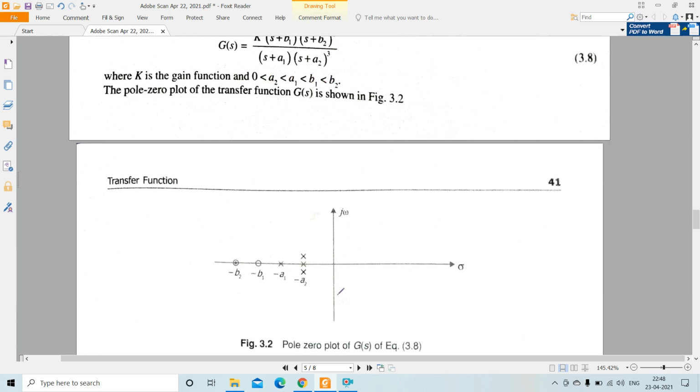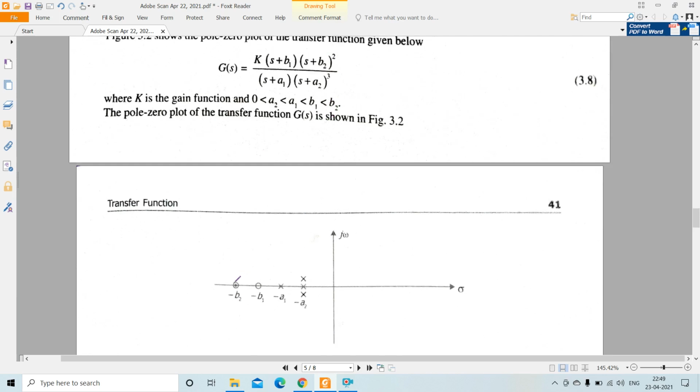Here we draw the s plane. This is the sigma real axis, this is the j omega imaginary axis. b2 has the greatest value, so minus b2 is drawn here. It is represented by a circle with a dot inside it.